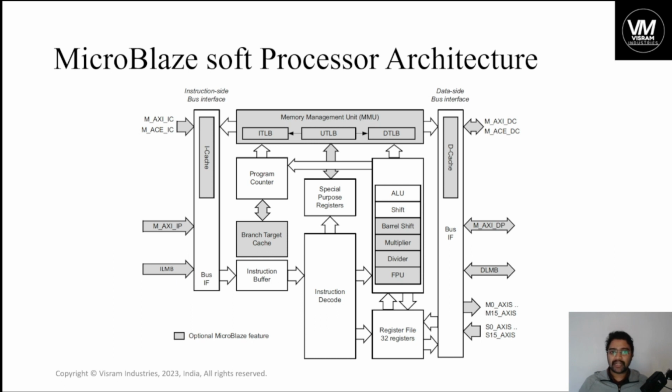ARM processor architectures are the real-world applications in the chip design industry. Whether you take an FPGA or an ASIC chip, you can take ARM as the best example. If you understand ARM architecture, your hiring chances are very high.